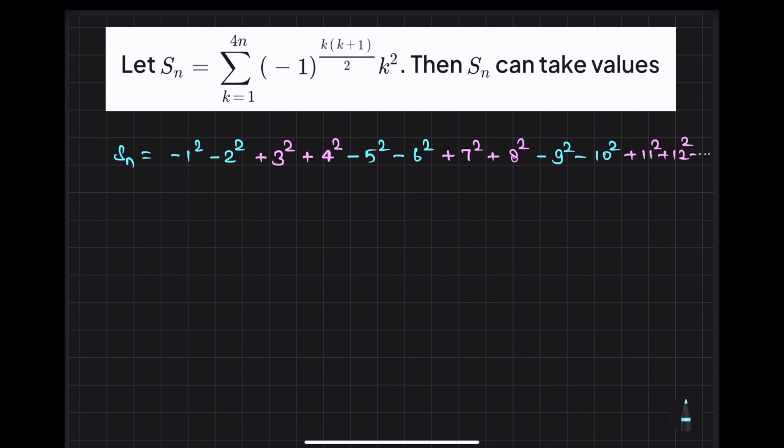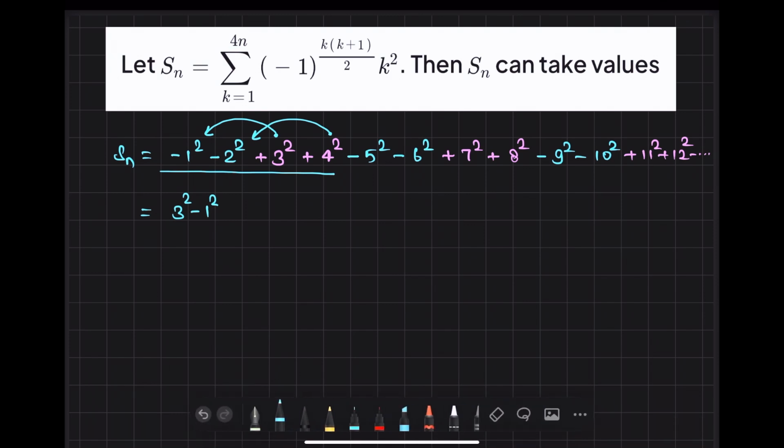Okay, now look at this. So this is 4n terms. Now what I will do, I will connect this with this. Four things will be clubbed, so we will be left with 3 square minus 1 square. I'll write using the same color.